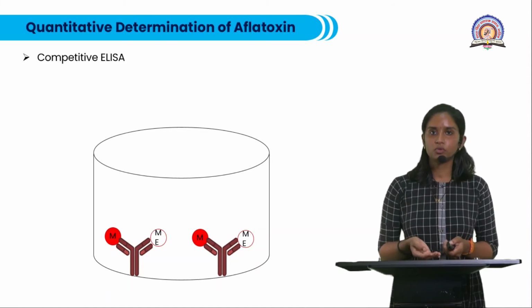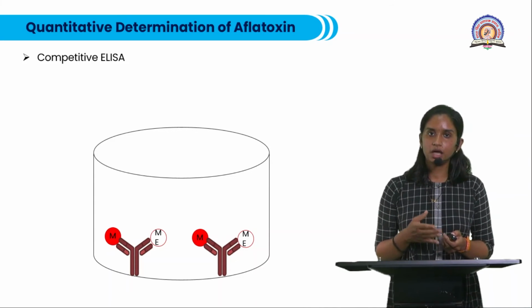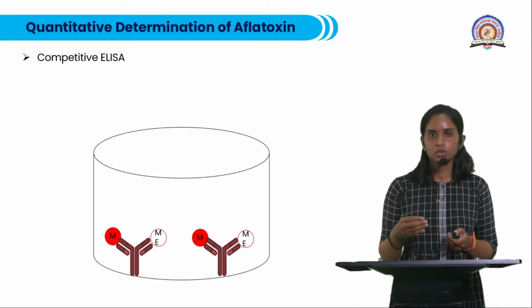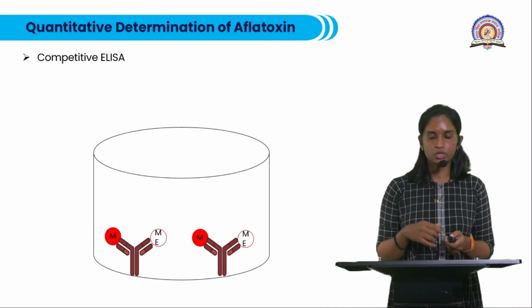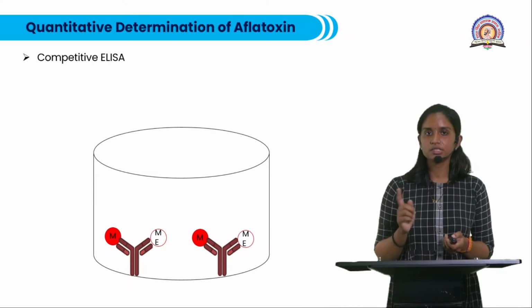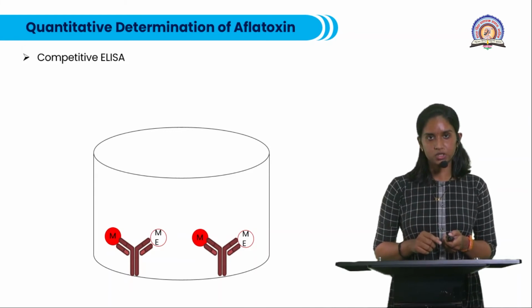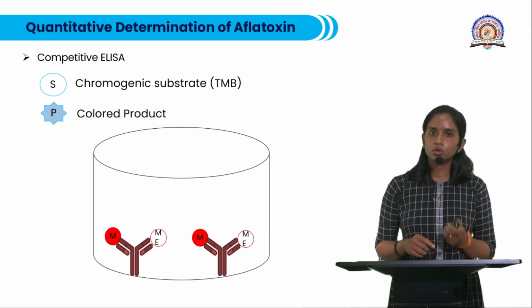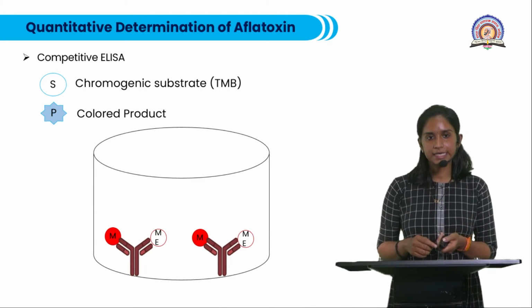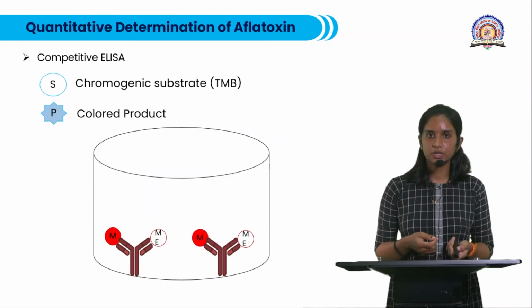Now what is the next thing you need to do? What is the objective of ELISA? After the antibody binds to the antigen, you add substrate to detect the presence of enzyme in the microtiter plate. So the next step is to add a chromogenic substrate, that is TMB, because the commonly used enzyme here is horseradish peroxidase and its specific substrate is TMB.